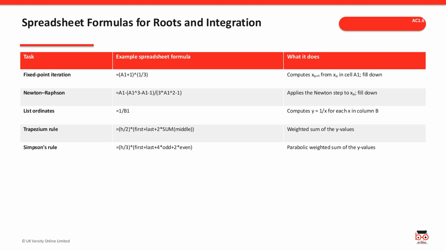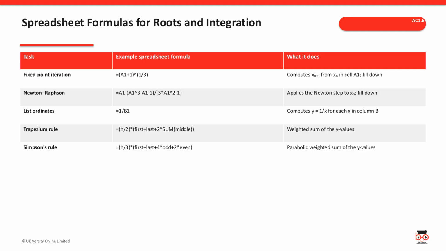Let me show you what those formulas actually look like in a spreadsheet. For fixed point iteration, you'd type the cube root of A1 plus 1, referencing the cell above, and fill down. For a Newton-Raphson step on our cubic, you'd write A1 minus, the bracket A1 cubed, minus A1 minus 1, over 3 times A1 squared minus 1.